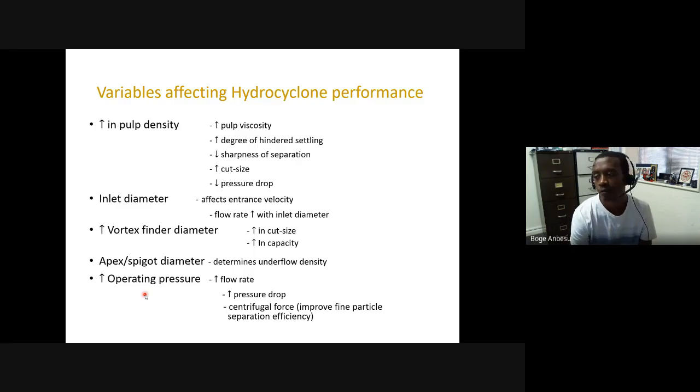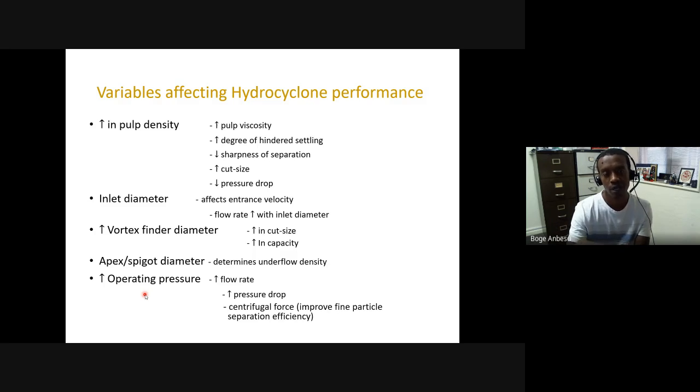So try to get your head around it and try to understand why these variables have these effects on cyclone performance. If you want to understand this, it comes down to what happens to the internal pressure inside the cyclone when you vary something.